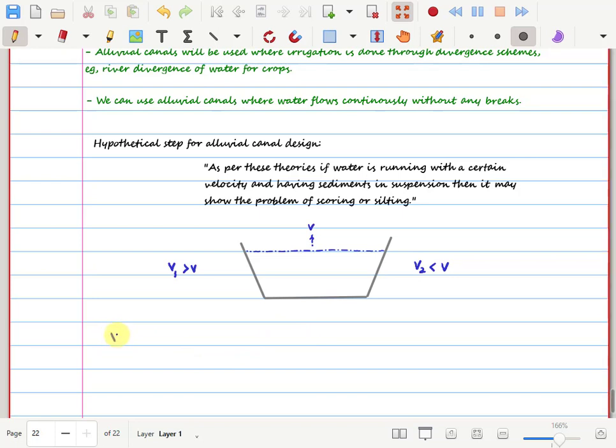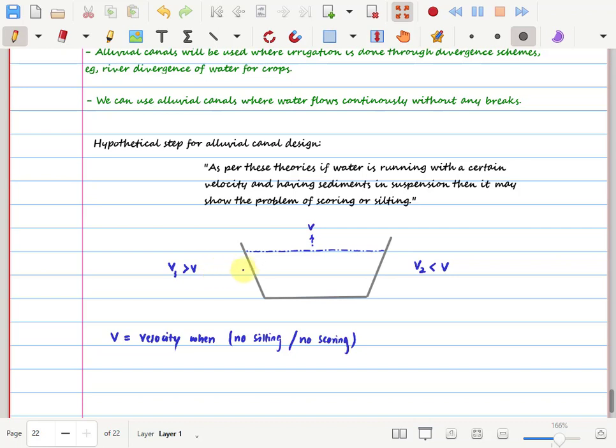Let's say V is the velocity when there is no silting and no scoring. In that condition, the velocity in the canal is known as V. Okay.